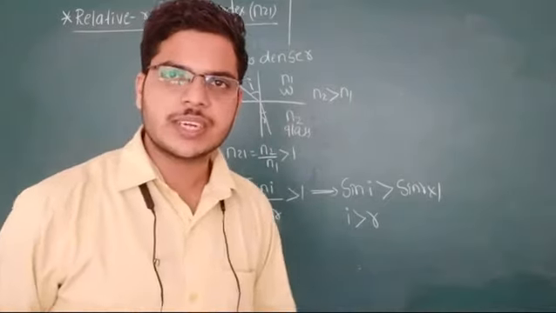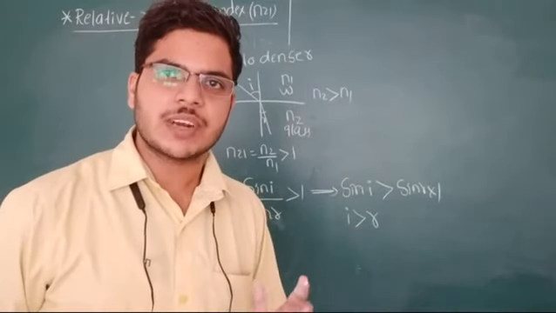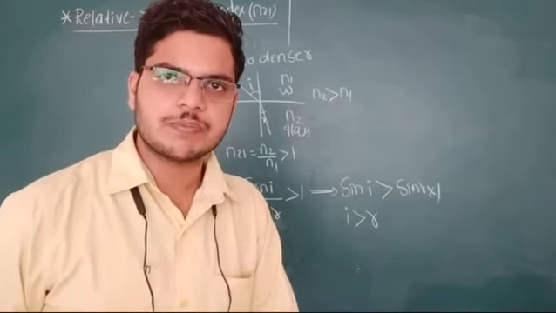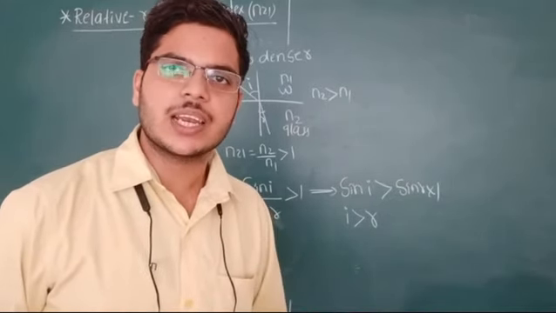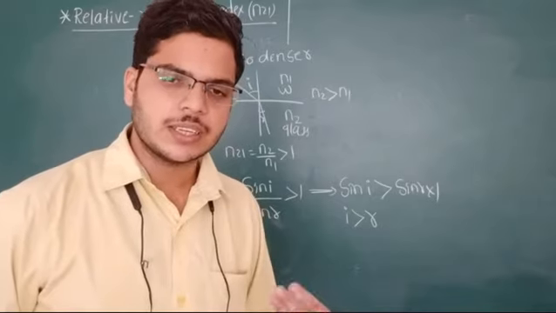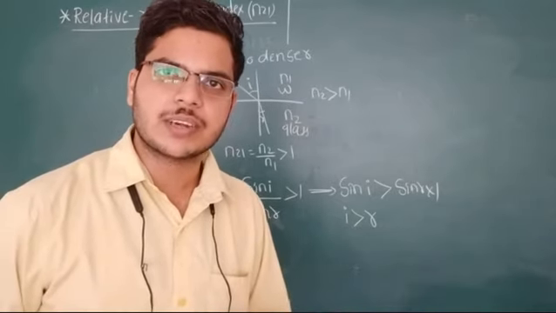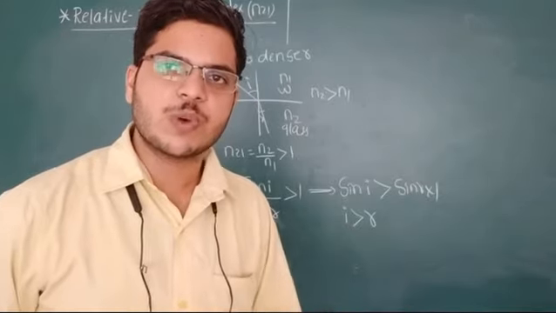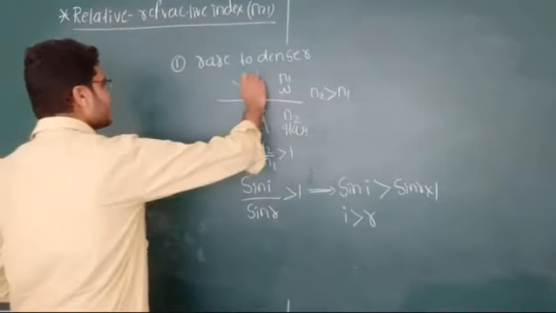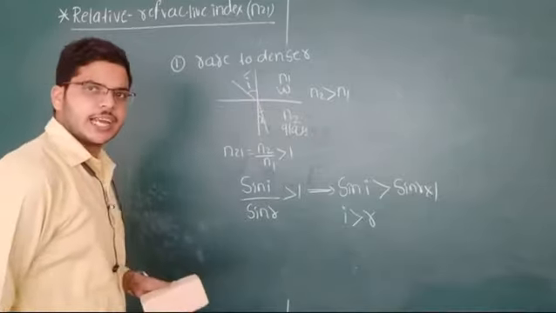If the angle of incidence is 40 degree, then the angle of refraction is less than 40 degree, 30 degree, 20 degree, like this. From this, what to conclude? I is more, R is less. R is less means what?